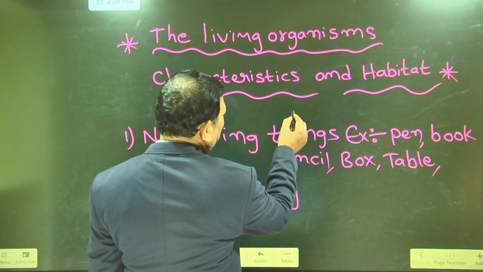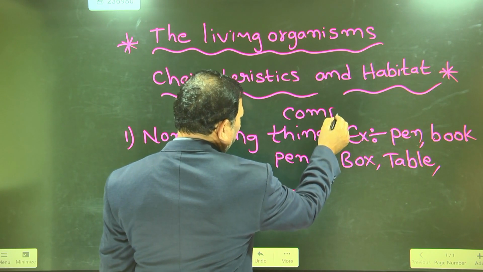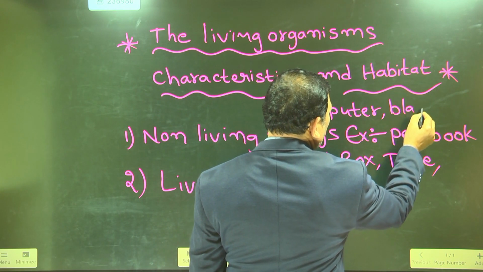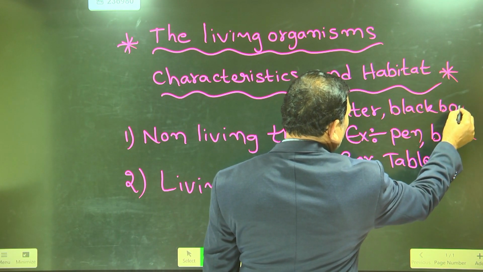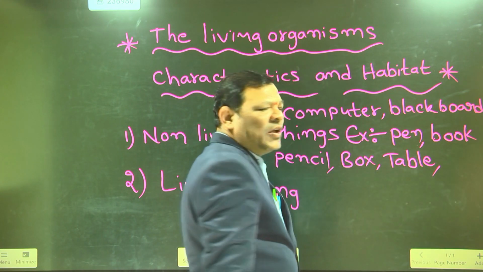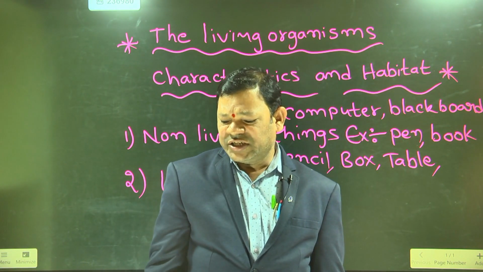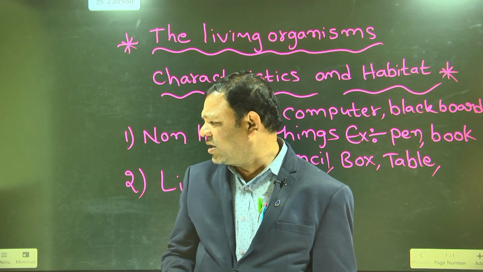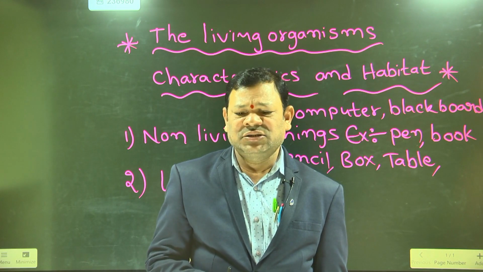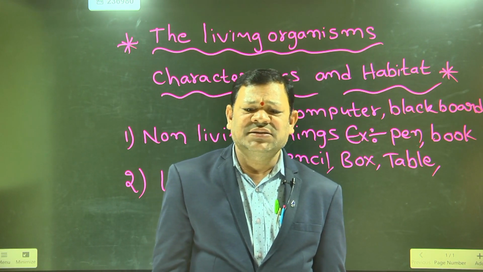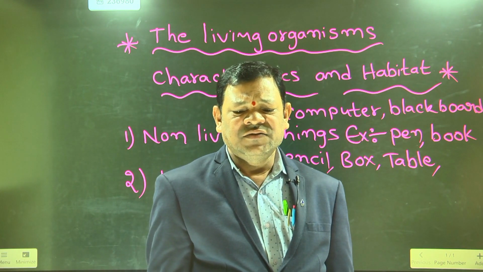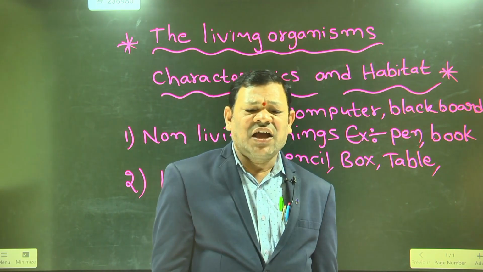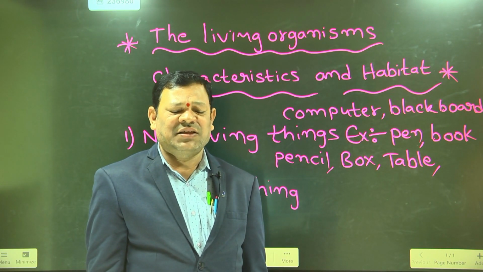If you say continuously chair, bulb, computer, pen, book, pencil, water bottle, watch, these are all non-living things. Here the only point is that things which do not have life are called non-living things.